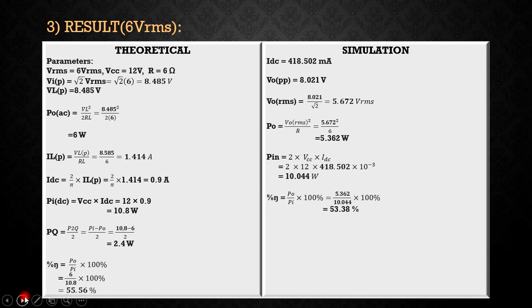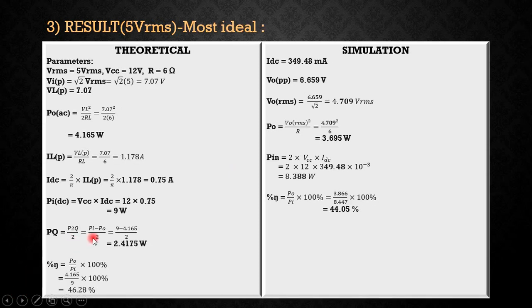And another one was 6V RMS, where the theoretical percentage was 55.56% and the simulation method was 53.38%. So this showed that 5V RMS has the nearest percentage value to 50% compared to the others.